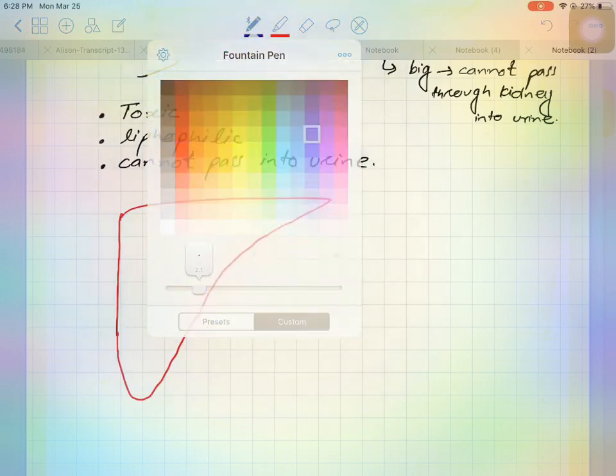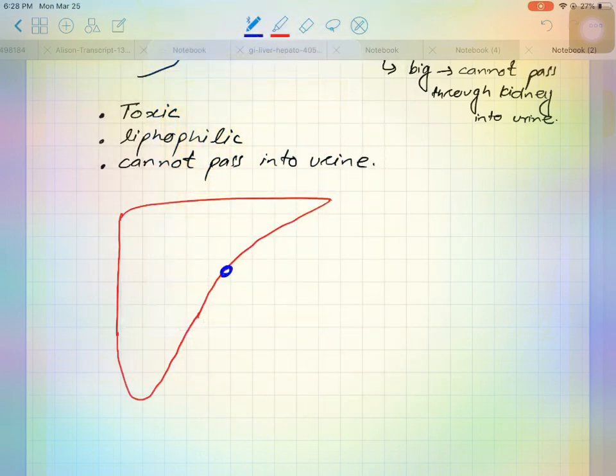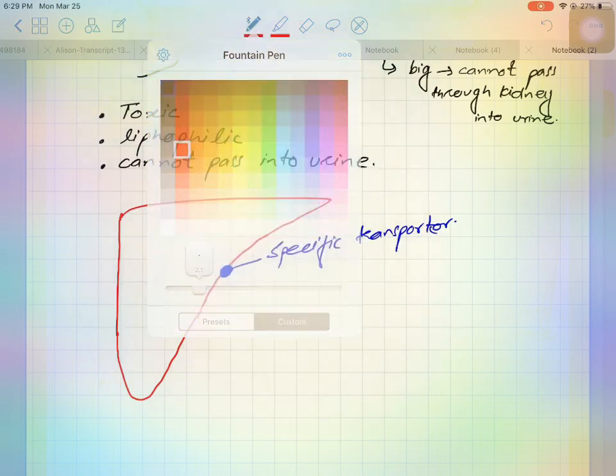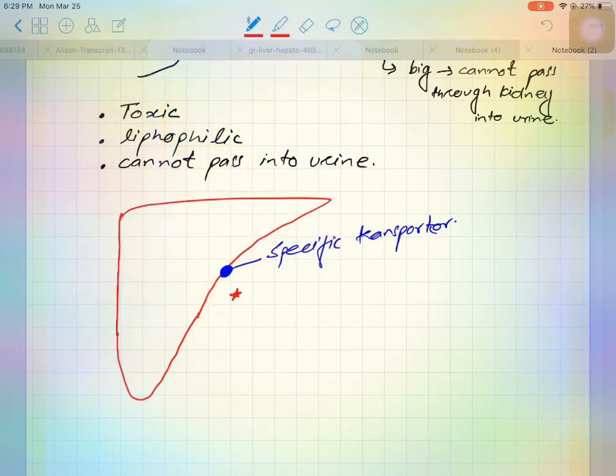Here are specific transporters, and these transporters help in the transportation of unconjugated bilirubin into the liver. This is the unconjugated bilirubin. They transport it into the liver.